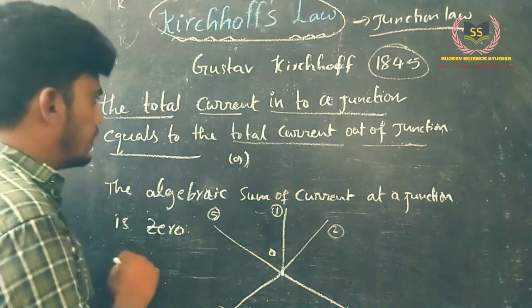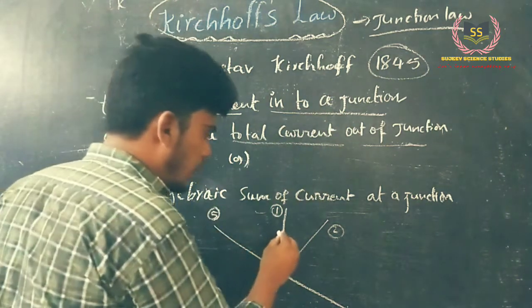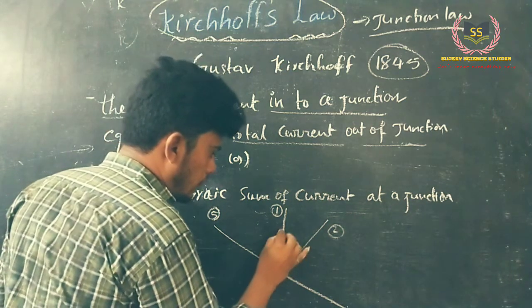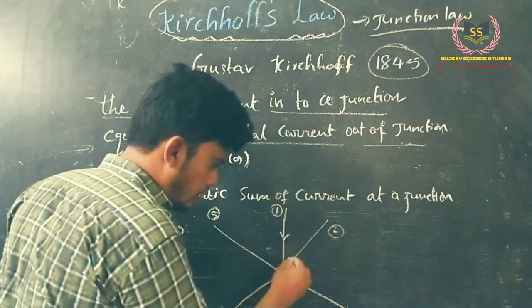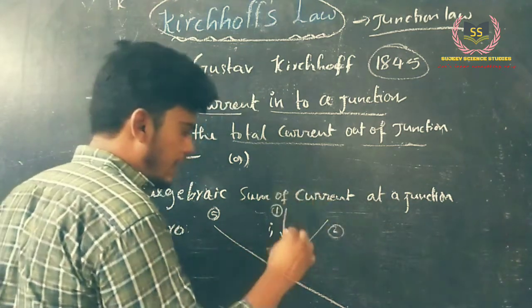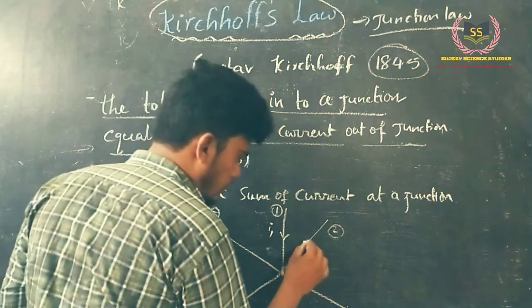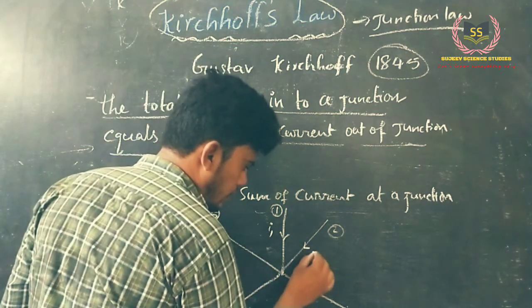What does the law state? The total current into a junction. For example, in conductor 1, the current goes into the junction, so I consider it as I1. Another wire 2 also goes into the junction, it is I2.